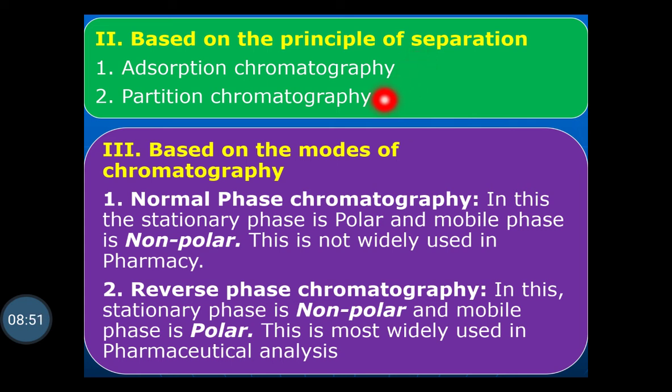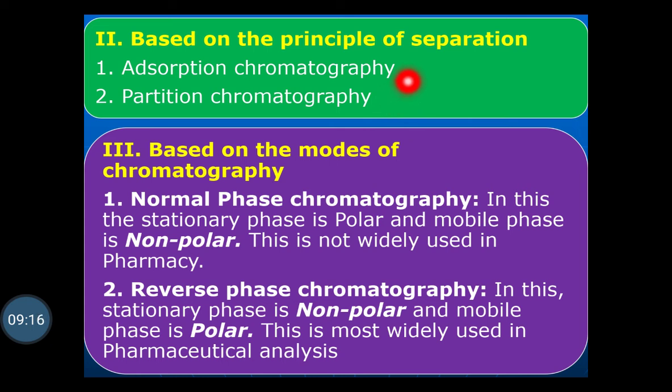Next one, that is partition chromatography. In partition chromatography, the separation of the components takes place depending upon the difference in partition coefficient. Both the phases, the stationary phase as well as the mobile phase, are liquid in nature.